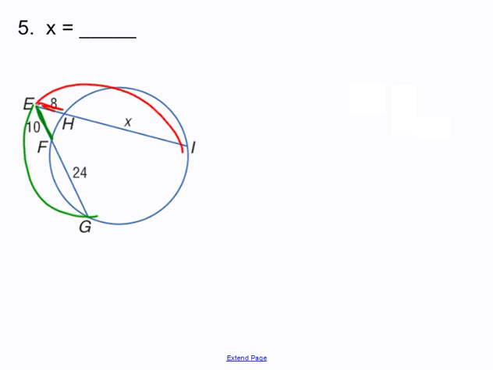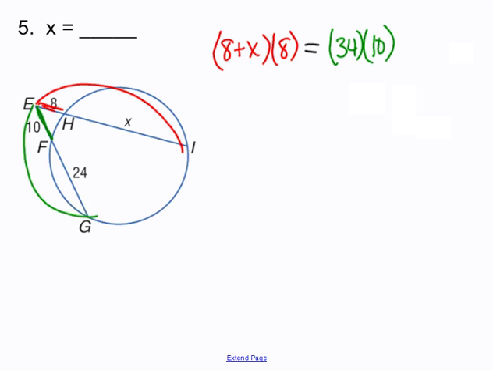The whole thing on the red is going to be 8 plus x times 8, that's the outside, equals the whole thing over here, which is 34, times the outside, which is 10.